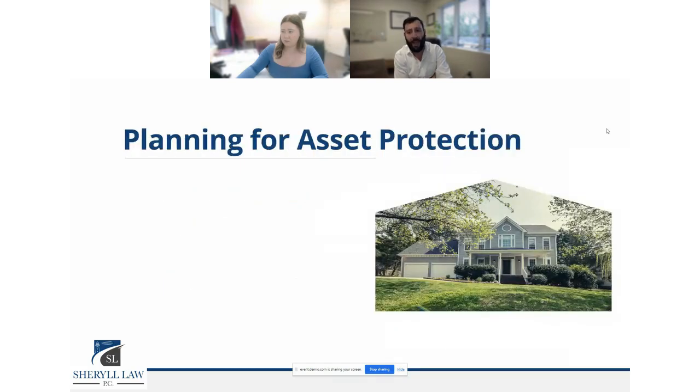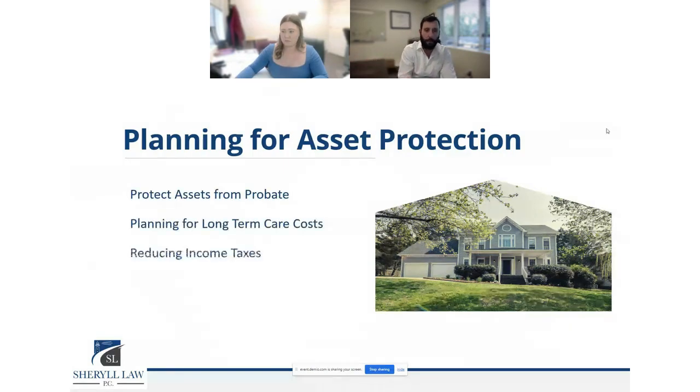Now, let's talk about asset protection before we talk about irrevocable trusts. Because irrevocable trusts are what we use, for the most part, for asset protection. But what might you want to protect your assets from? Well, probate is one of them, right? And we just talked about that before. Probate can be a lost opportunity cost and just a delay that's costly. But beyond that, because we're moving now into the irrevocable trust, we want to be thinking about either long-term care costs or estate taxes.